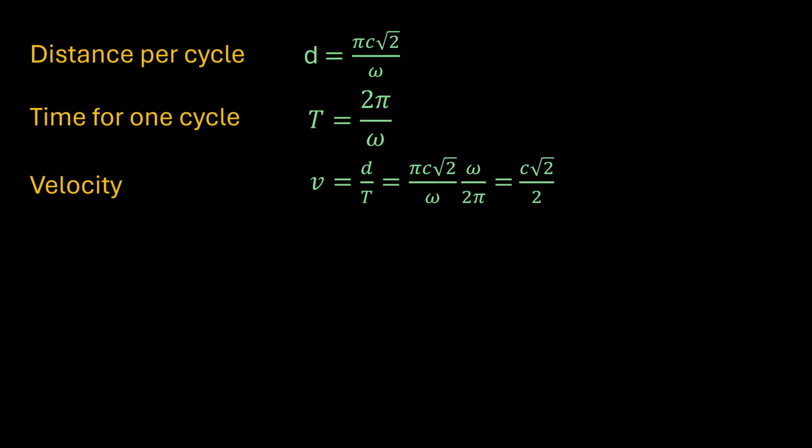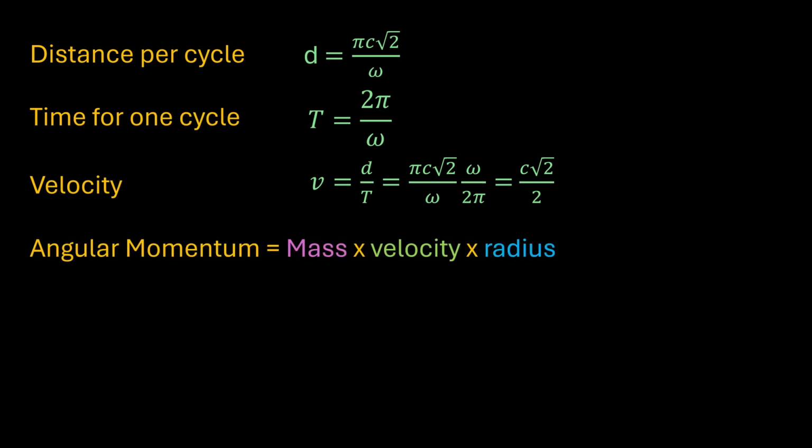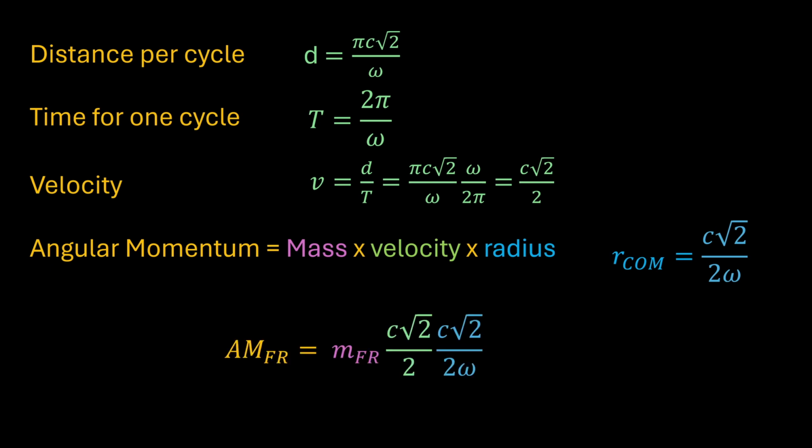The general expression for angular momentum in this simple situation is the linear momentum, that is the mass times the velocity, times the radius. So we get the angular momentum of a single FR to be this, which after calculation becomes this.